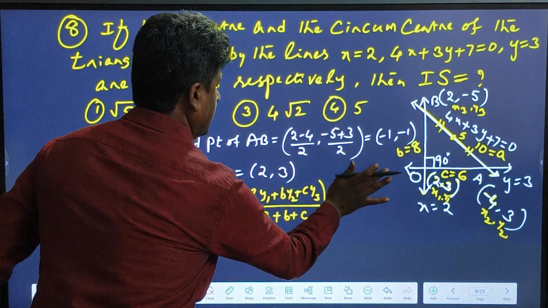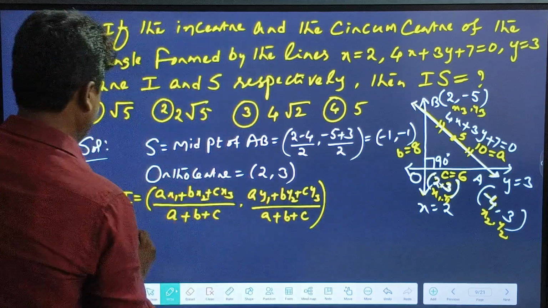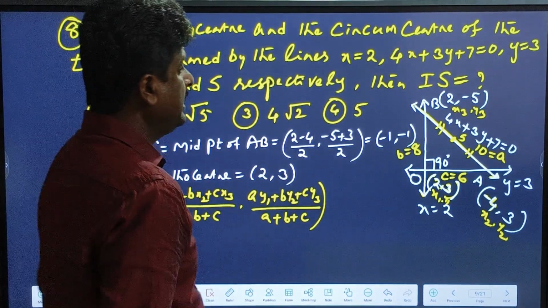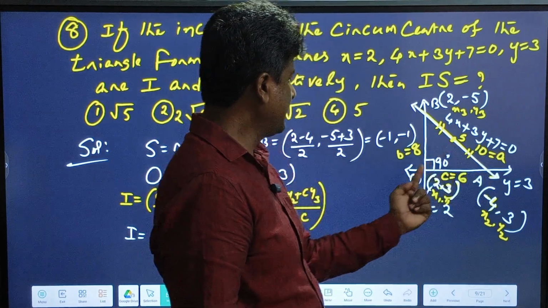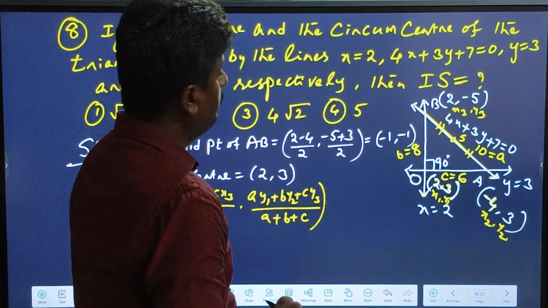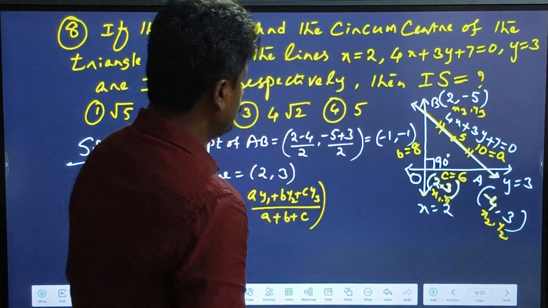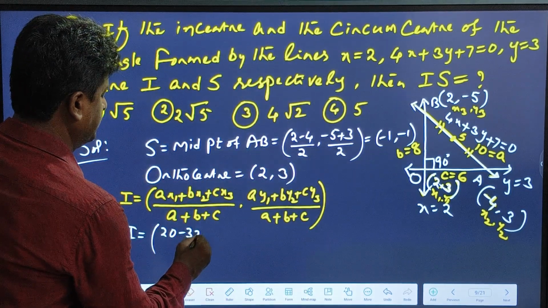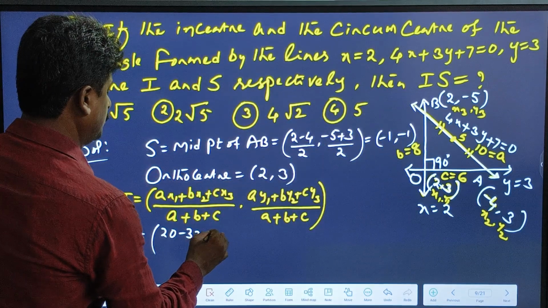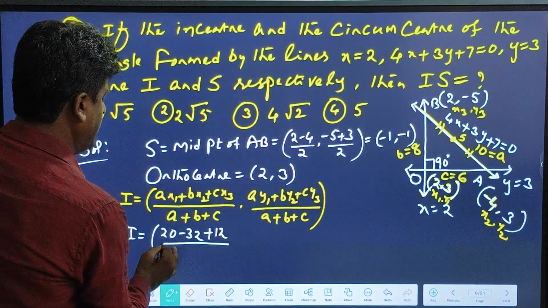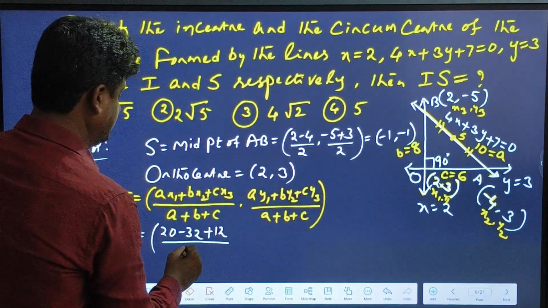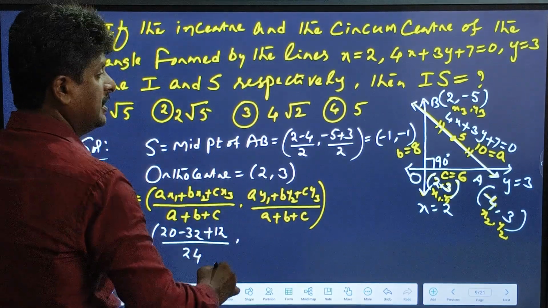Now the incenter is equal to ax1: 10 into 2, 20; bx2: 8 into -4, -32; cx3: 6 into 2, 12, by a + b + c: 10 + 8 is 18, plus 6 is 24.